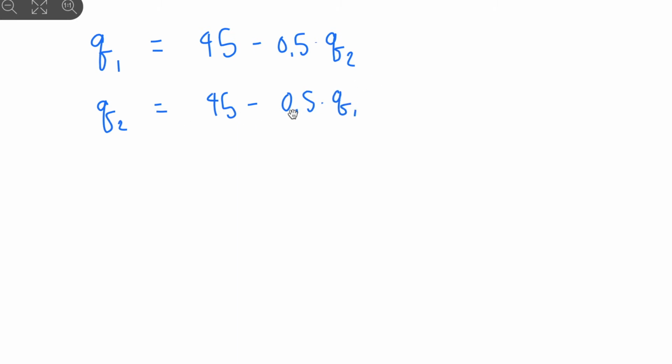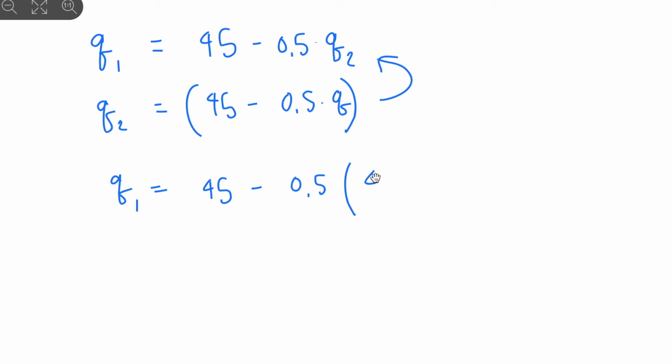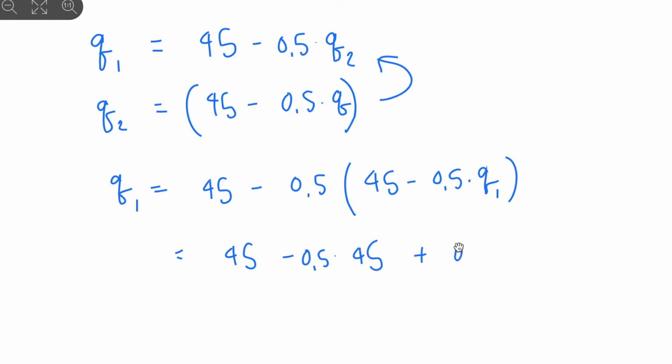Okay, so we're going to plug Q2 into the Q1 equation and solve for Q1. So Q1 equals 45 minus 0.5 times (45 minus 0.5 times Q1). So we have 45 minus 0.5 times 45 plus 0.25 times Q1 equals Q1.